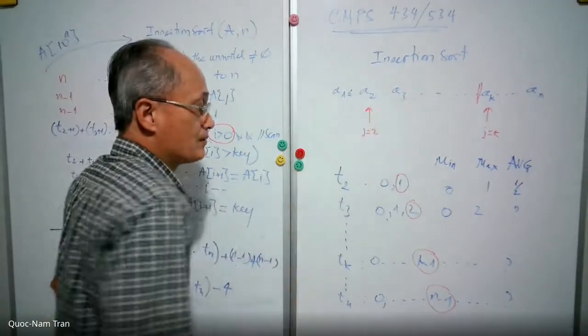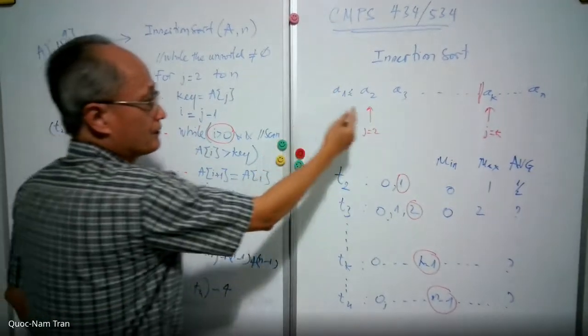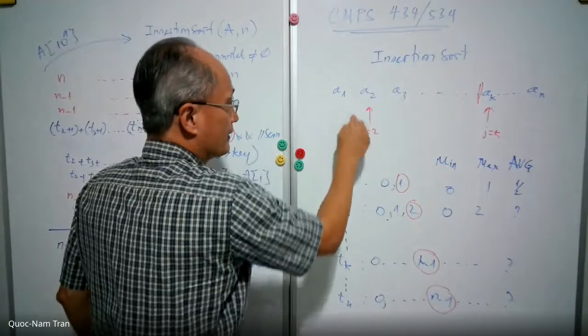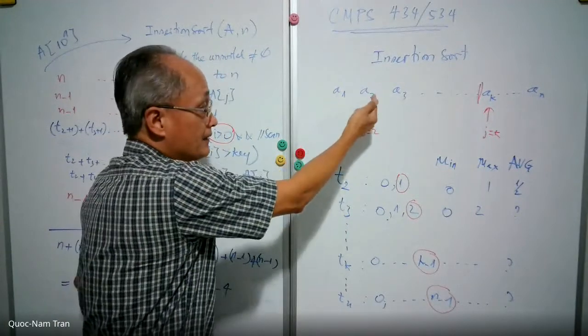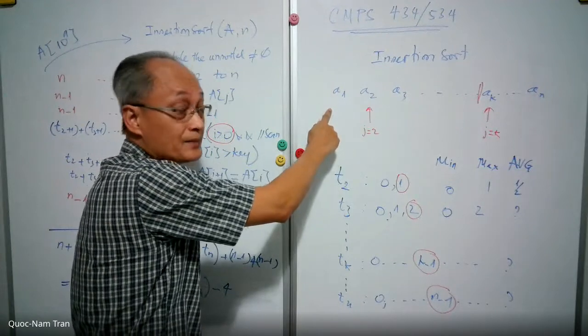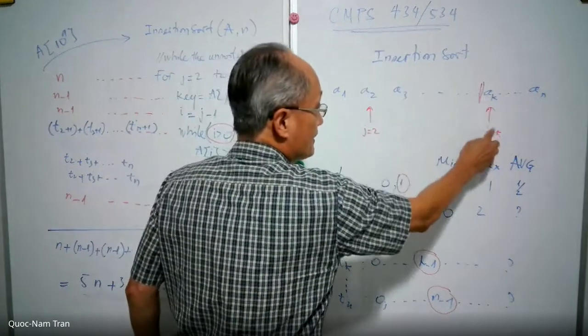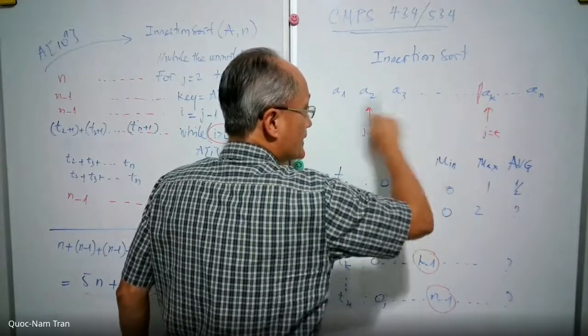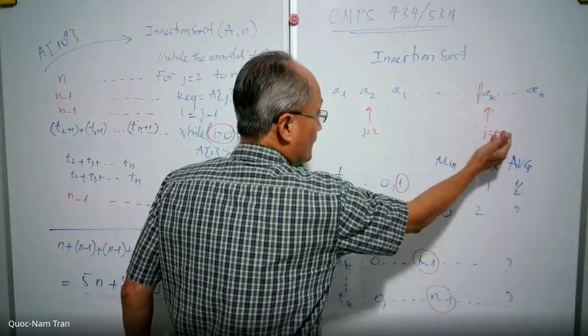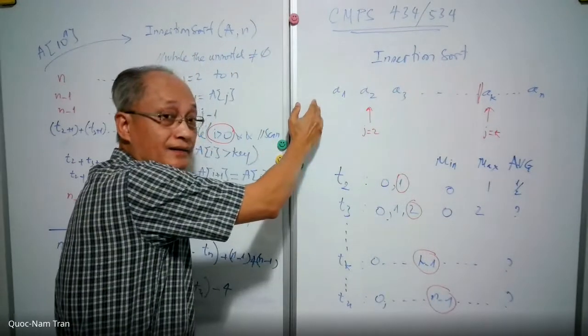The maximum values, meaning for example, here at this point, A1 we have to move to the right in order to insert A2, right? And here same thing, we have to move K minus 1 times before we insert this one here, right?